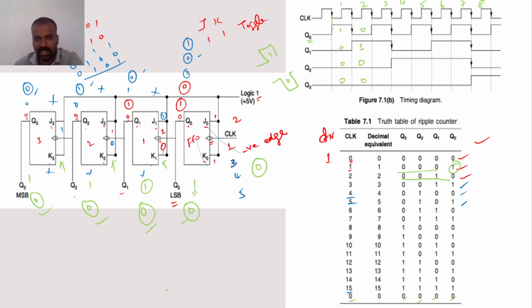Okay, that is, let me explain. First, we are supposed to draw the clock pulse with the equal time period. Once you have drawn it, this is a negative edge, no? So here we are drawing the edge. So here we need to mark the dotted lines here.